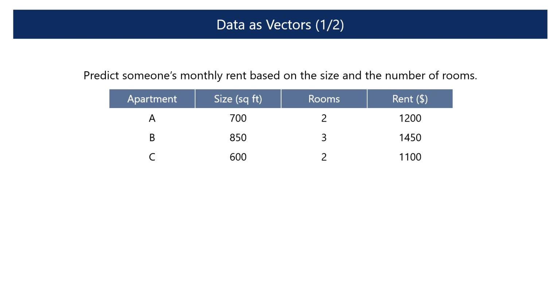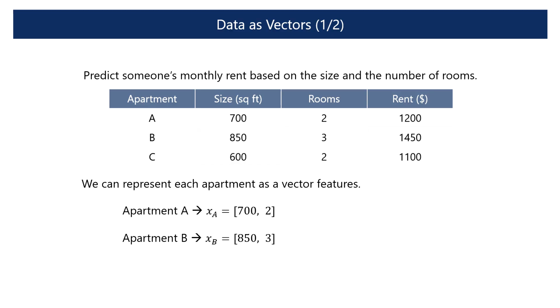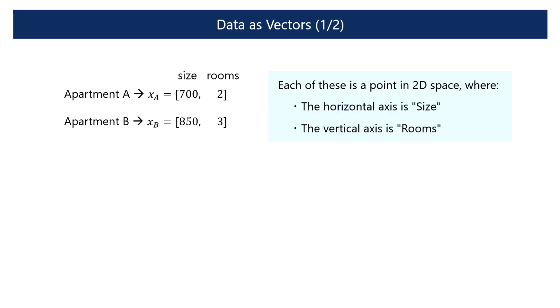Here is how the data might look. Now we can represent each apartment as a vector of features. Each of these is a point in two-dimensional space where the horizontal axis is size. The vertical axis is rooms.